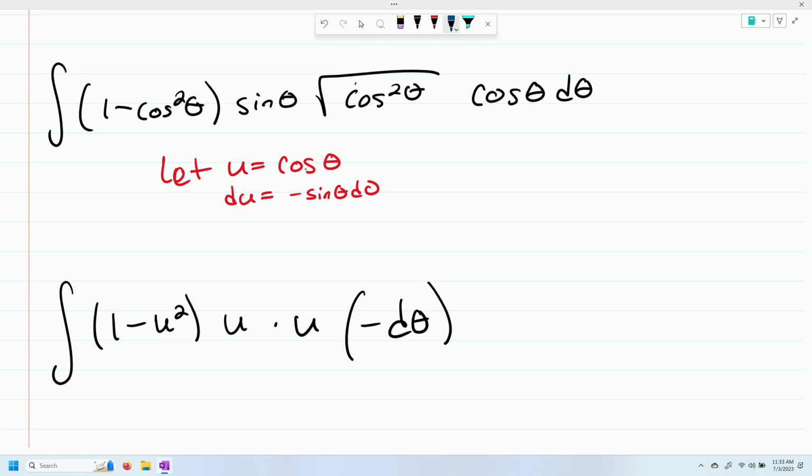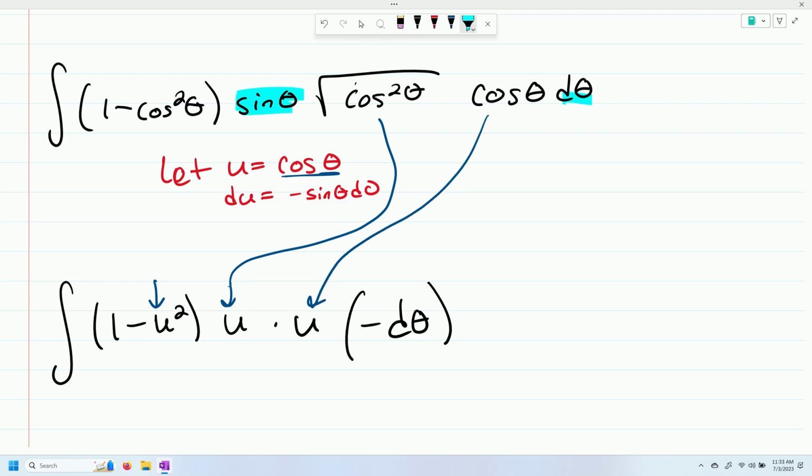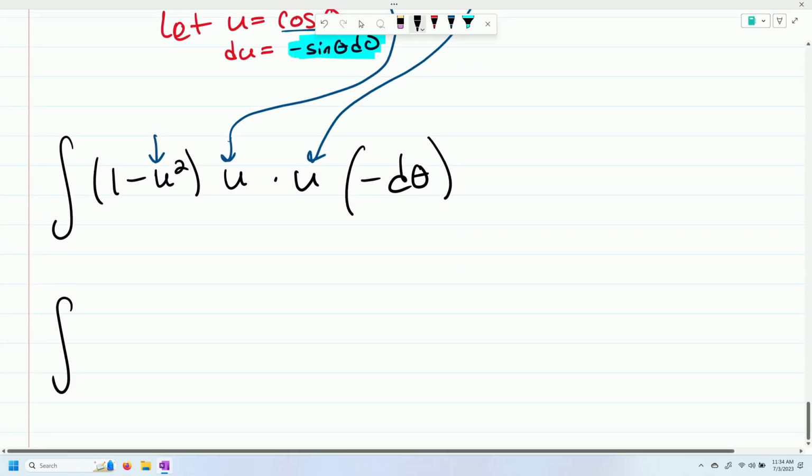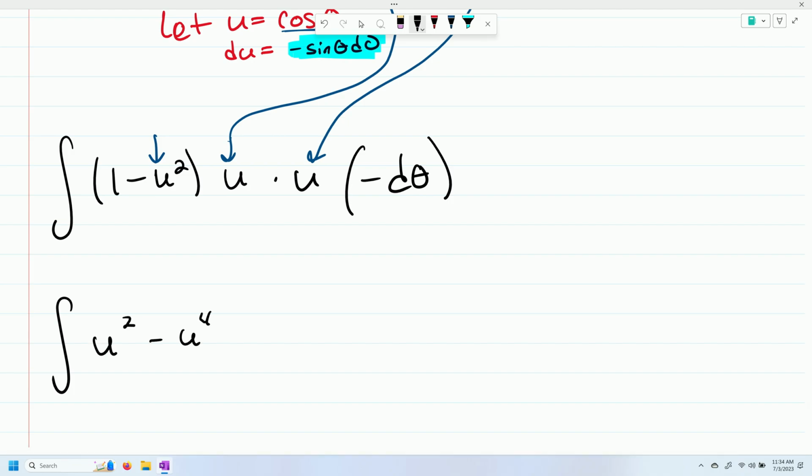We let u equal cosine theta. So substitute there, and substitute there. Right here is sine theta d theta, which is what we needed to use u substitution. And finally, u times u is u to the second, and when you distribute that, you get u squared minus u to the fourth. Oh, I wrote d theta. This is supposed to be du. Times du with a negative out front.